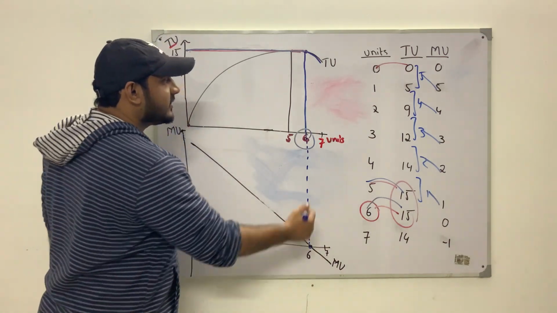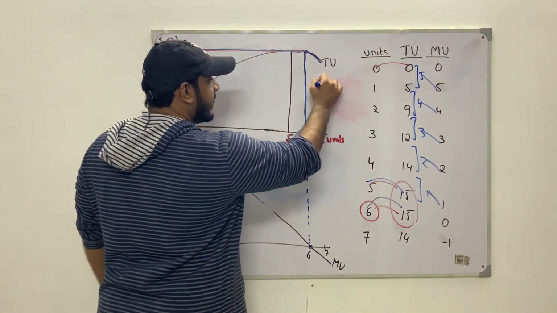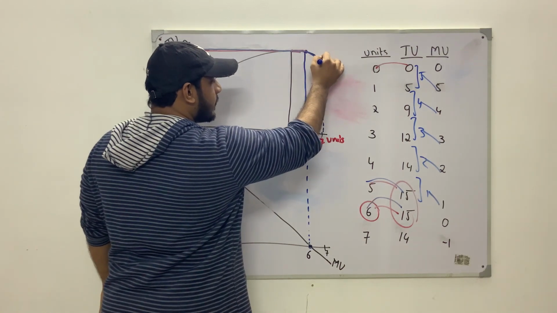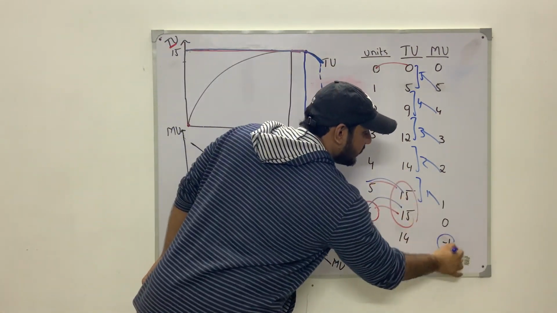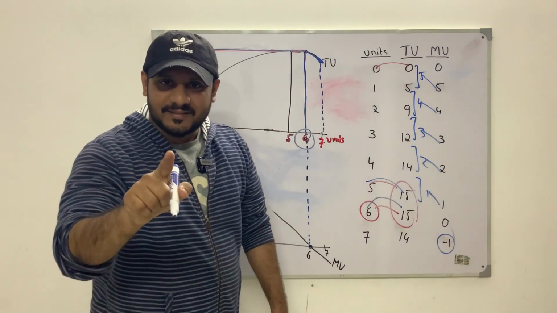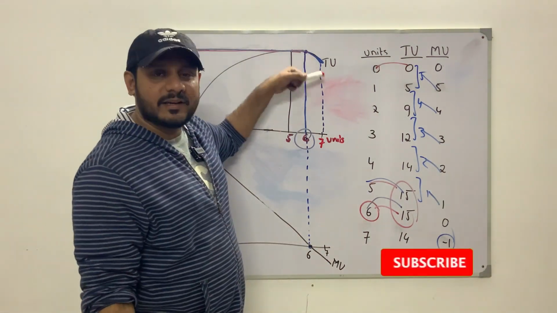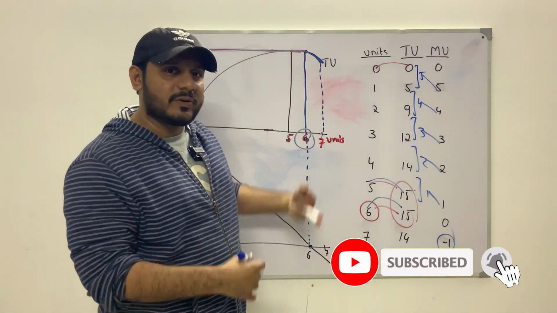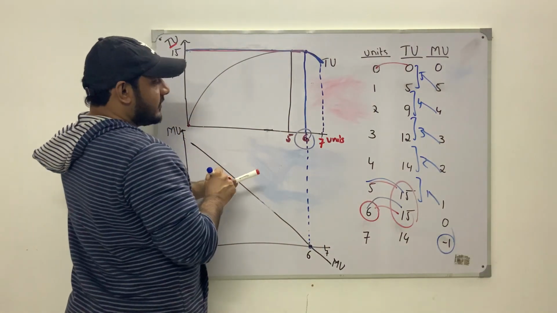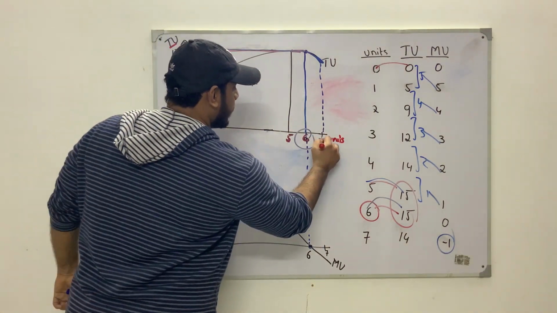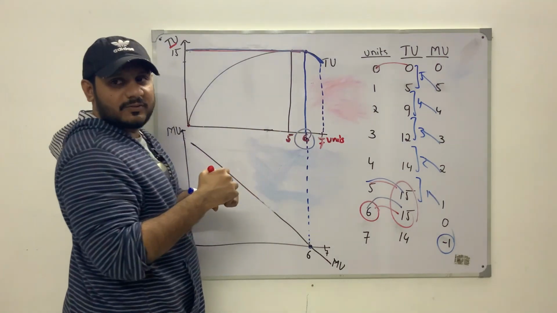And then we can see that the seventh unit is giving us a negative marginal utility, which means that the total utility is falling. So guys, the seventh unit, okay, I don't know, something is wrong with this marker.